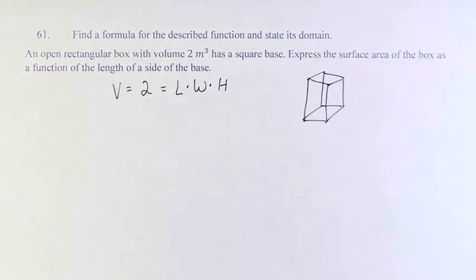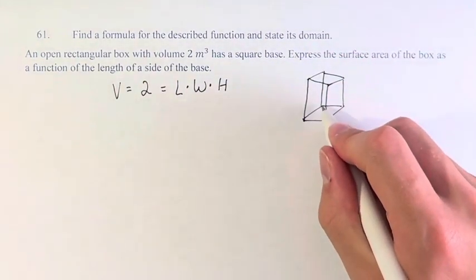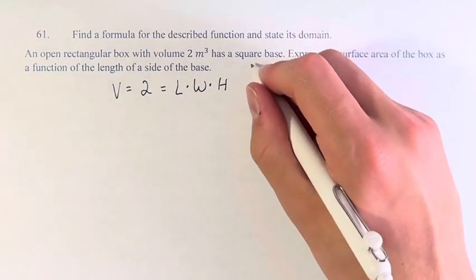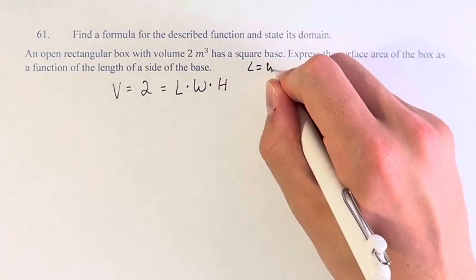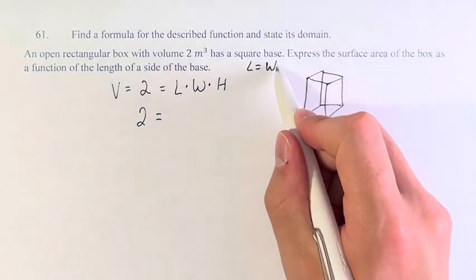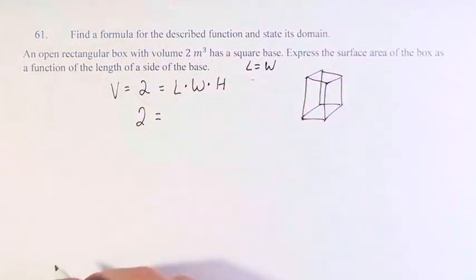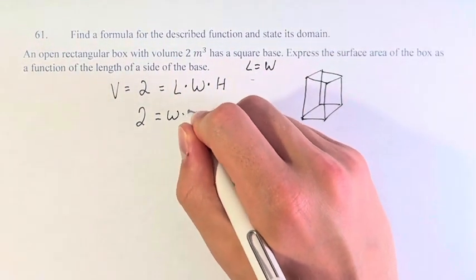If we have a square base, that means that the length and the width are equal. So we can say L is equal to W, and therefore 2 is equal to W times W times H, so we only have two different variables in this equation. 2 is equal to W squared times H.